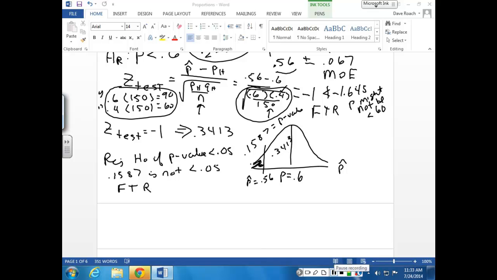But we also have that conditional interpretation of the p-value, the if-then statement. For that conditional statement, it's always if H0 is true. So in this case, if p is equal to 0.6, if the null hypothesis is true, then there is a p-value chance, 0.1587 chance.